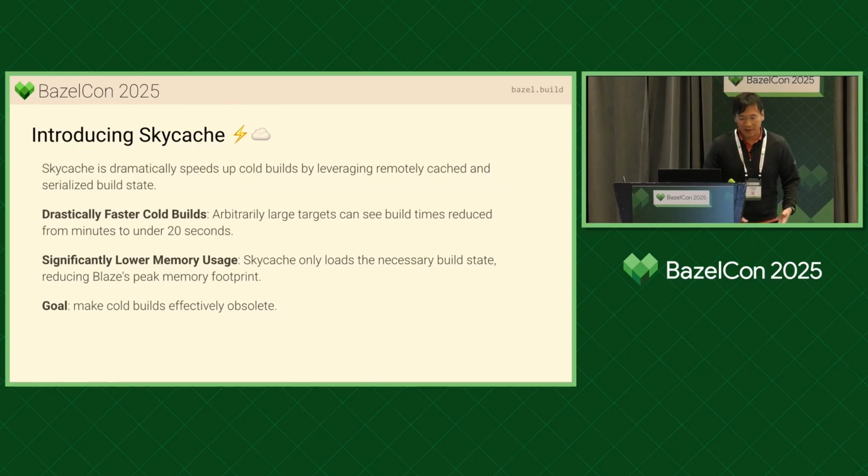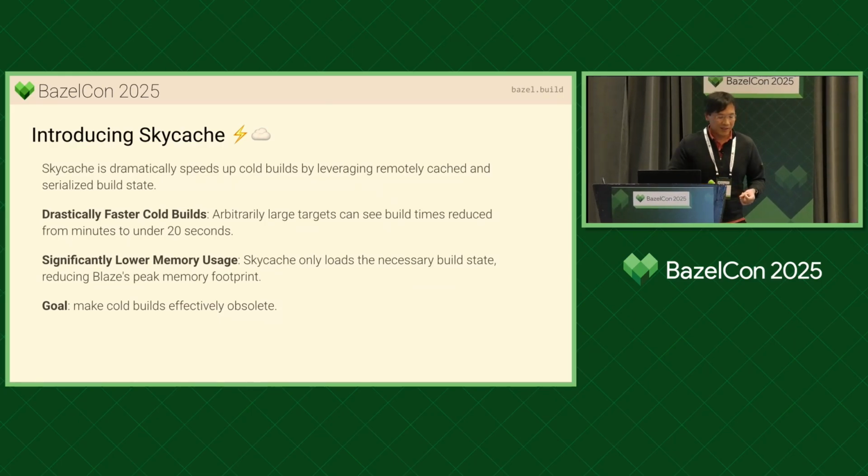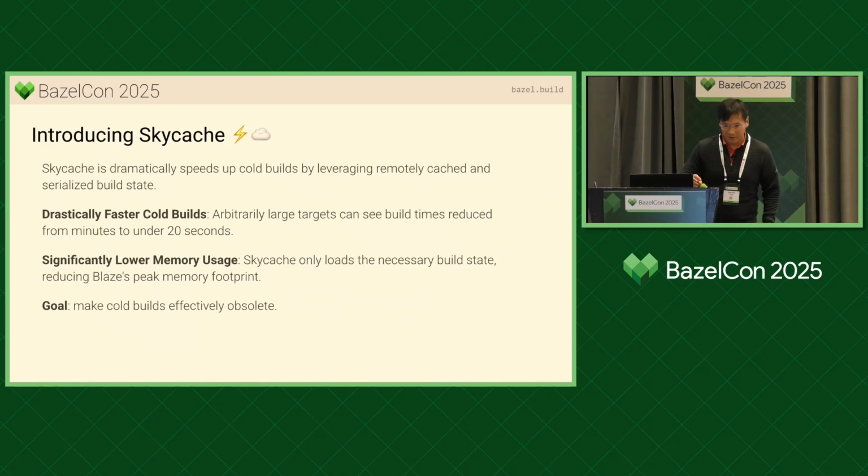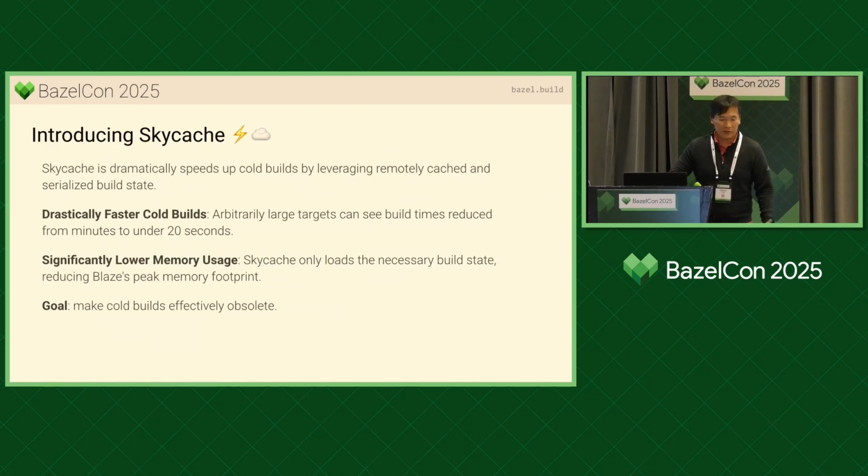So what is Skycache? Skycache is a cache that pretty much caches all of the analysis and execution state for a Bazel server, and arbitrarily large targets have build times reduced to about 20 seconds.